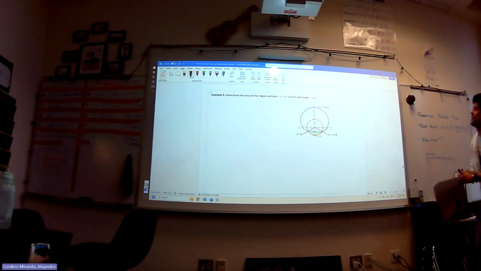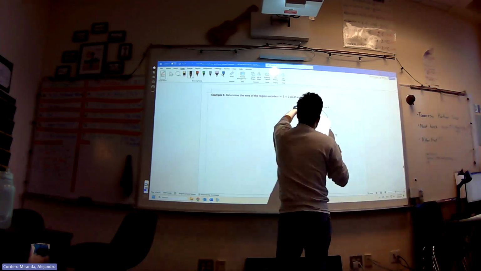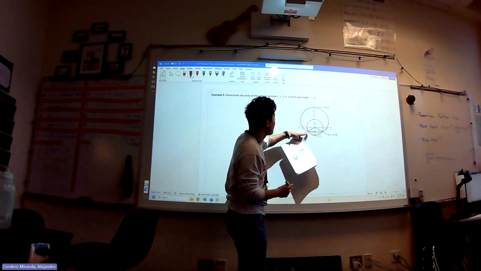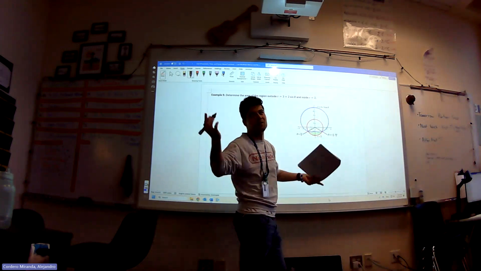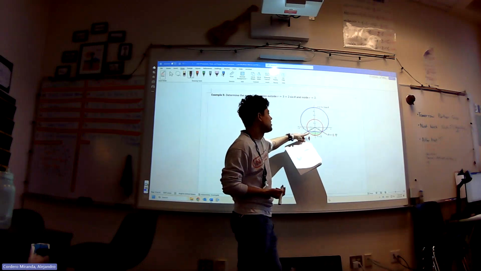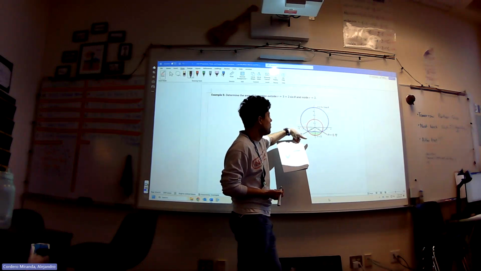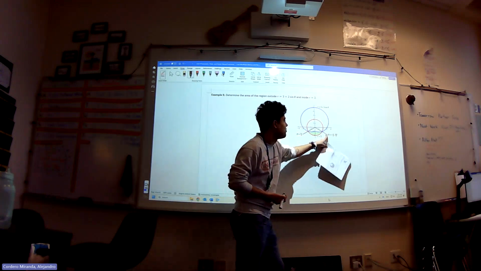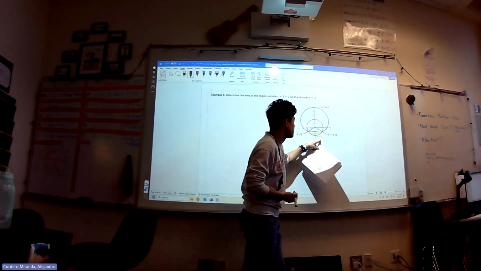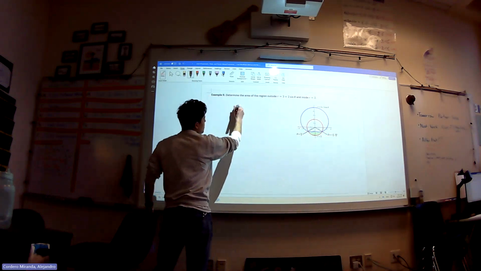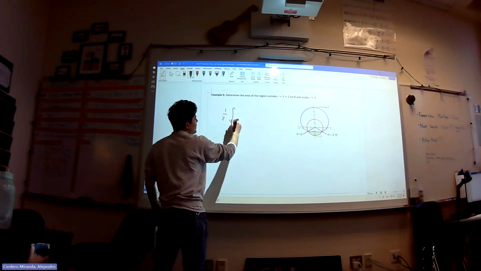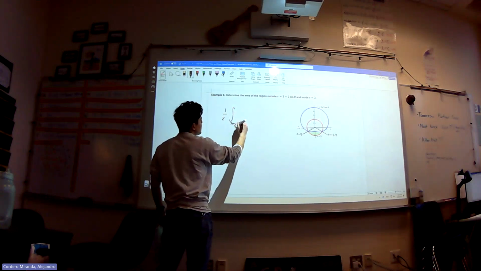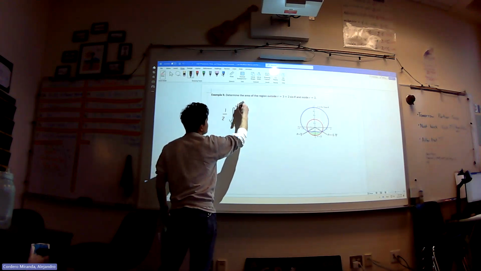Okay, this one, like I said, it's the same functions, the same intersection points. Now I want this bottom bit. So, like Annika said, I'm just going to set it up kind of the same way, but going from 7 pi over 6 to 11 pi over 6. Now I do want this bit, so it would be 1/2, don't forget that, 7 pi over 6, 11 pi over 6.